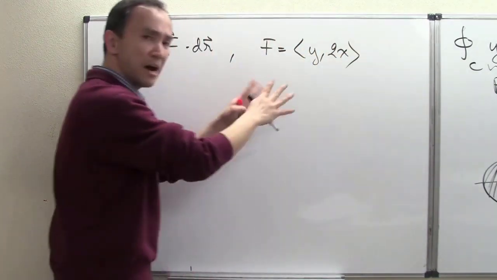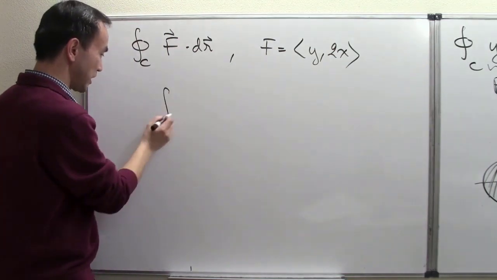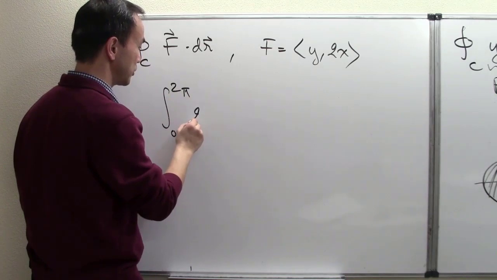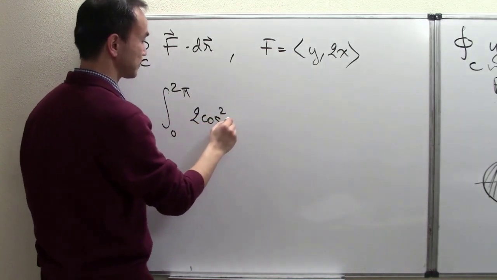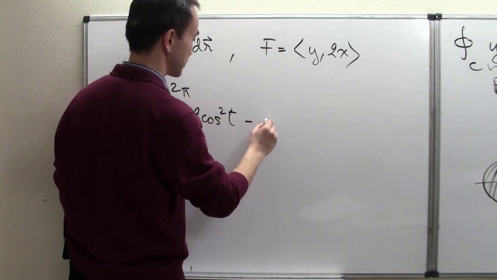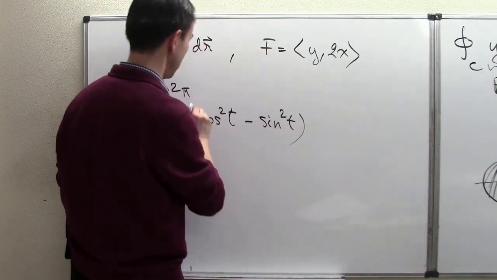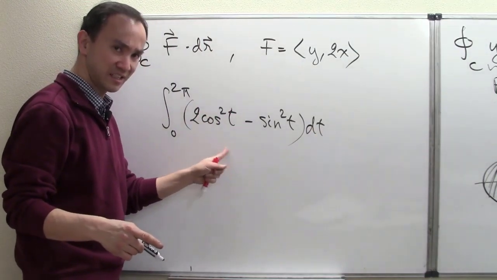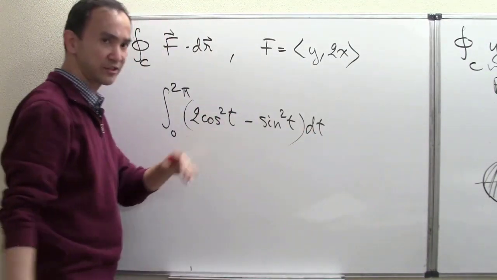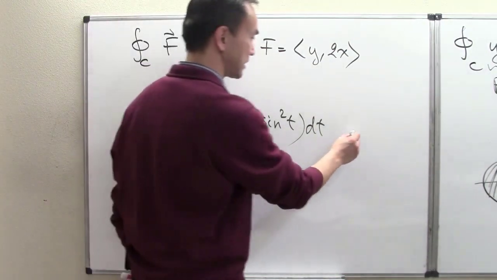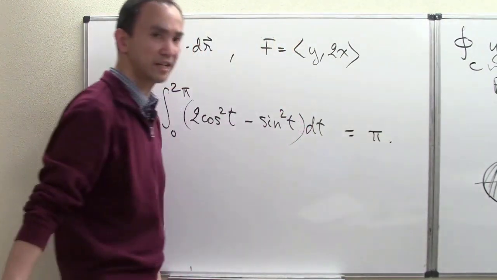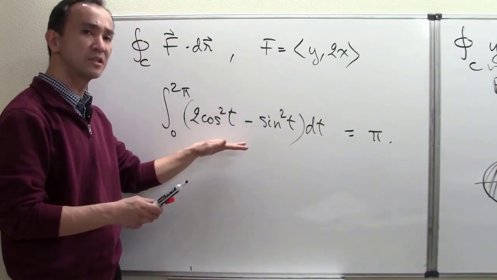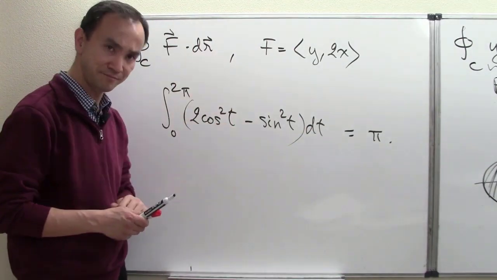The time we spent doing this using the parameterization, we ended up with this integral, 2 cosine squared of t minus sine squared of t dt. And it took quite a few steps to arrive here, and then it's going to be even more challenging to get this answer into a pi. I'm not saying that it's impossible, but it took a lot more steps to get to pi, and it already took a good number of steps to get here.